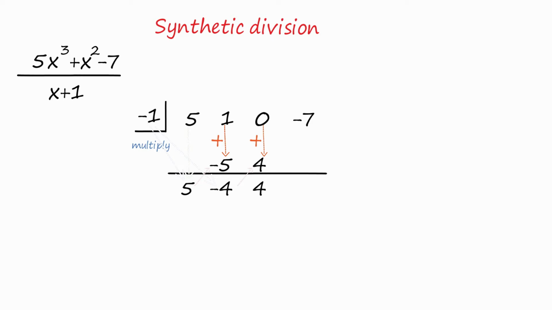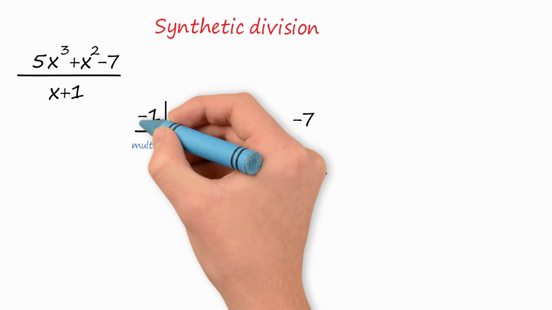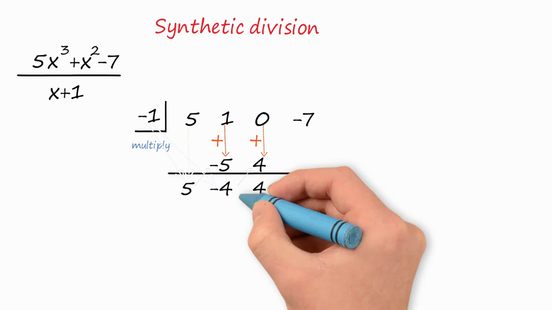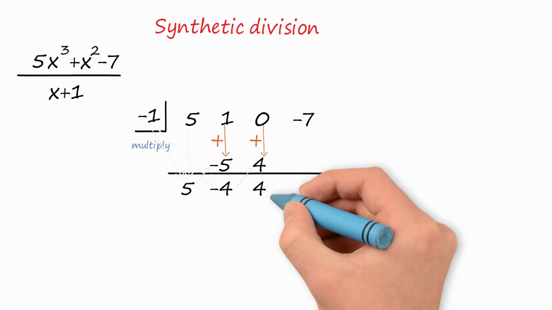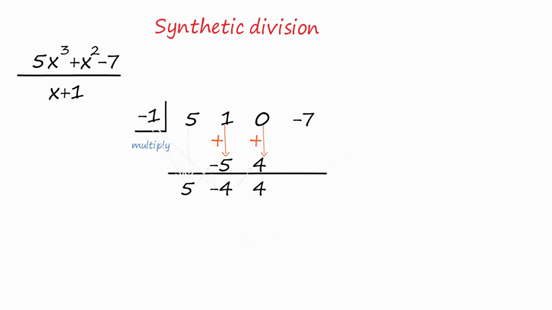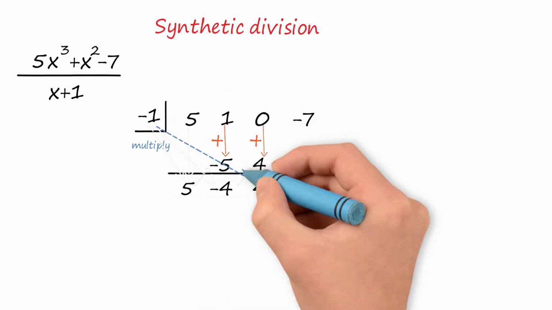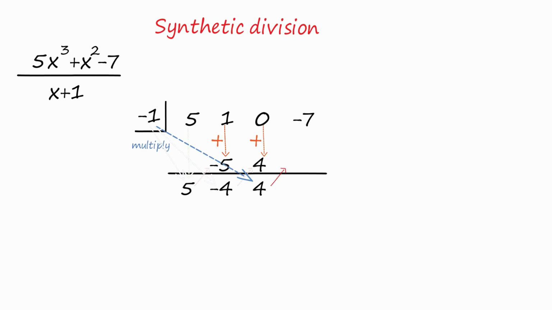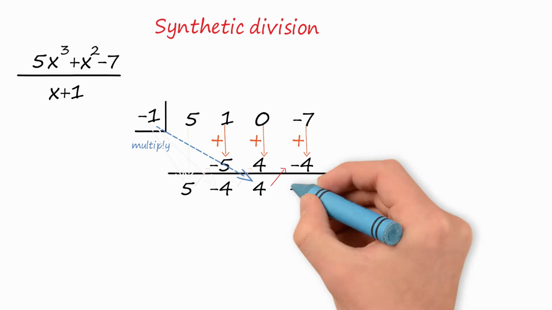Now we need to multiply this negative 1 by 4, and we need to place it right below the negative 7. Negative 1 times 4 will give you a negative 4. And if we add the numbers in the last column, we have negative 7 minus 4, which gives us negative 11. And that's it.